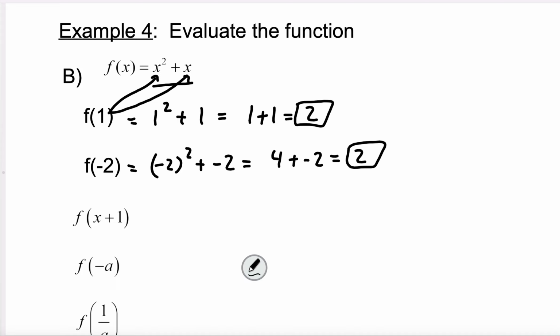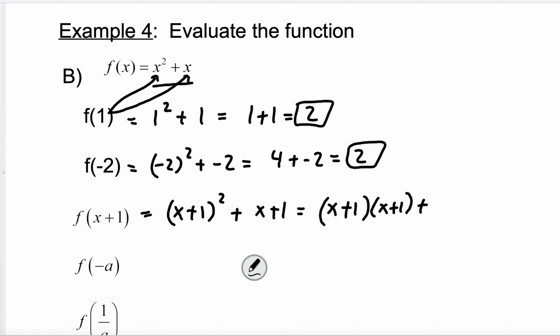What's f of x plus 1? So we're going to put x plus 1 in there for x, square it, plus x plus 1. (x plus 1) squared is (x plus 1) times (x plus 1). So again, we're going to multiply that out.